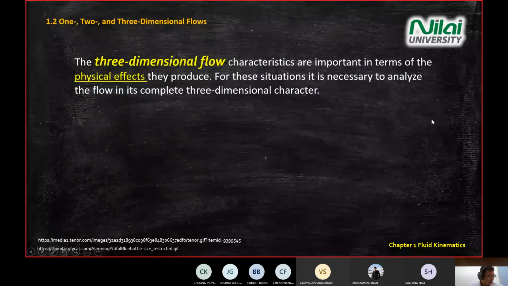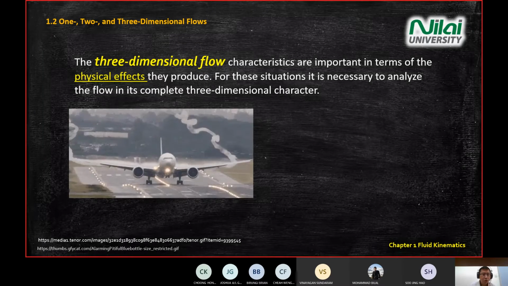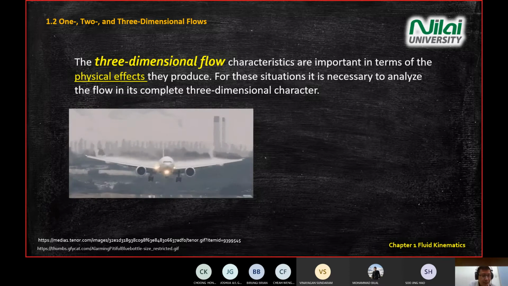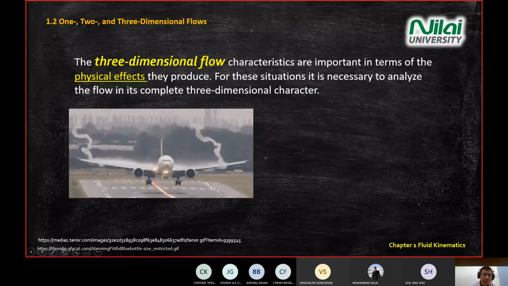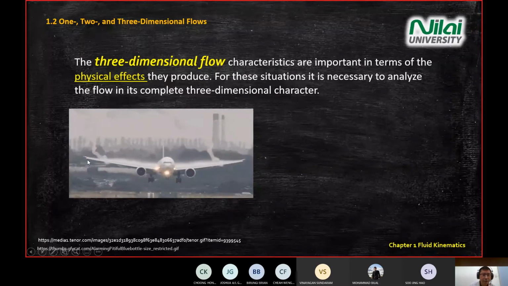All right. We have cleared these two methods. Sometimes in your assignment or lab session, you need to explain these two methods. Now, question number 9. Three-dimensional flow is very important to understand the physical effects. For example, the vortices after an airplane wing, as you can see on the slide here, form a three-dimensional flow.